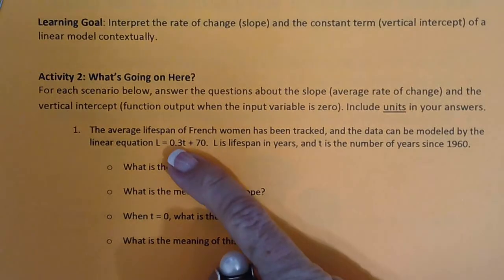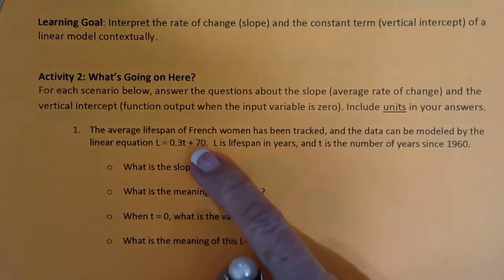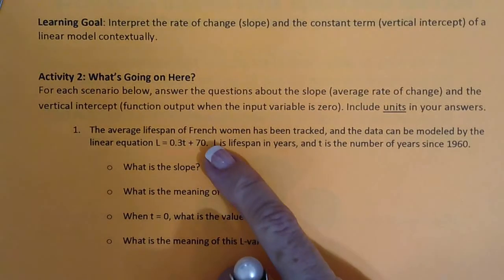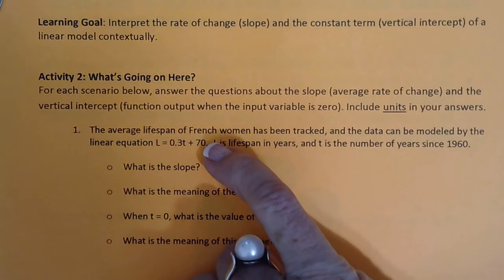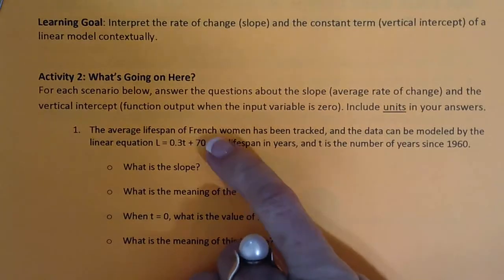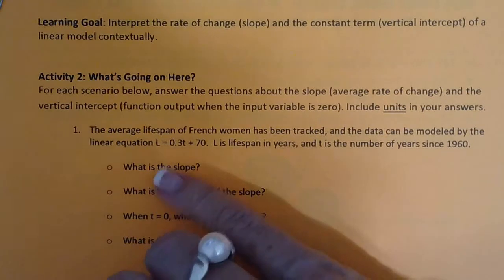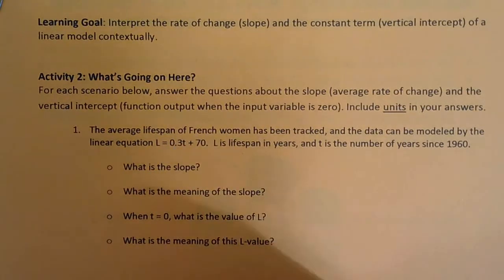What's m? The rate of change. What's b? The starting point, which we call the y-intercept. We're going to make sentences or write the meaning of what they mean in this particular scenario. It's kind of a cool little exercise, actually.